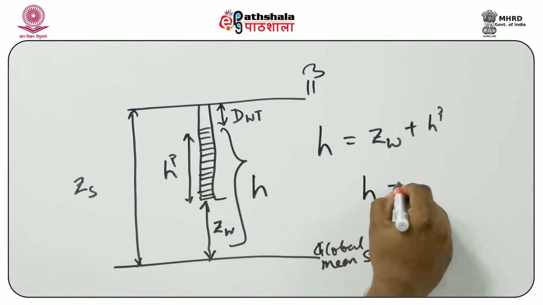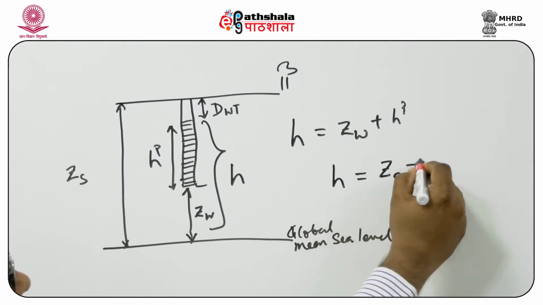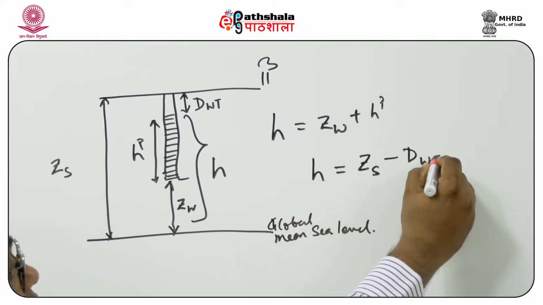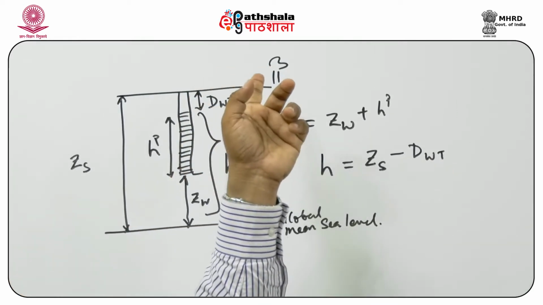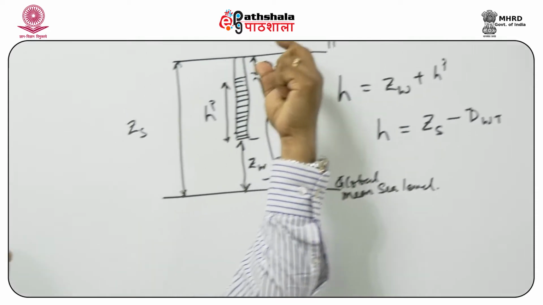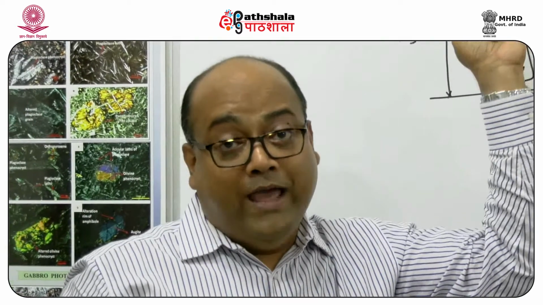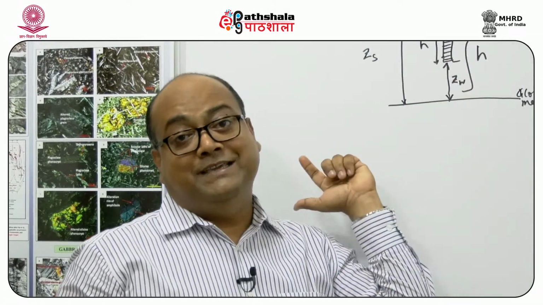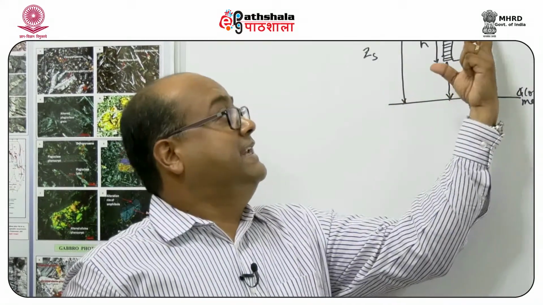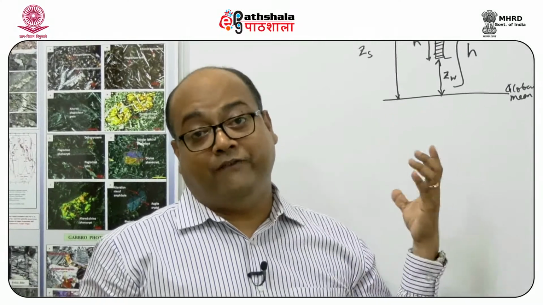H is basically given by ZS minus DWT. If I know the elevation of the surface and the depth of the water in the well, we can subtract that, and finally, as you can see from the diagram, we get the value of H, which is the hydraulic head.